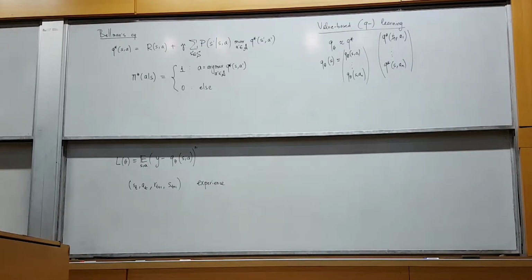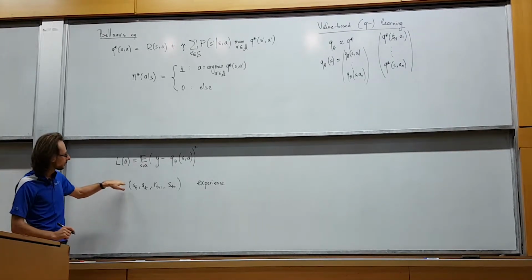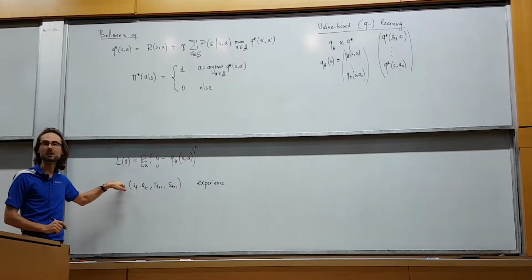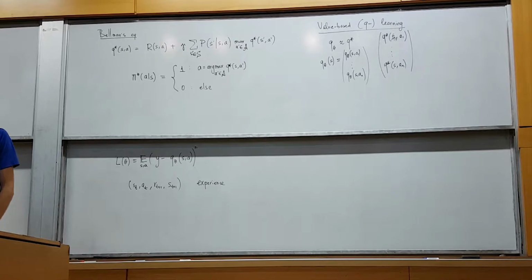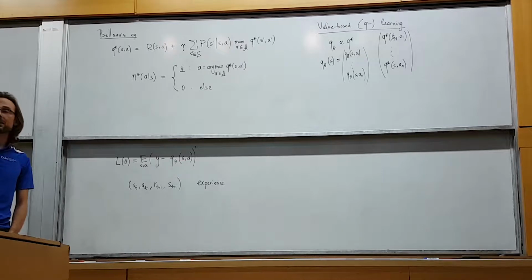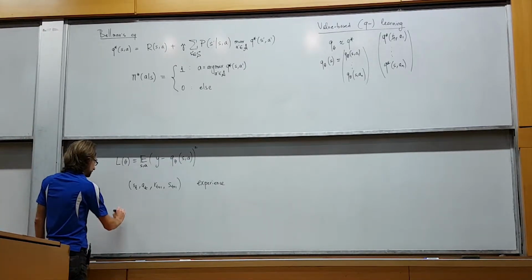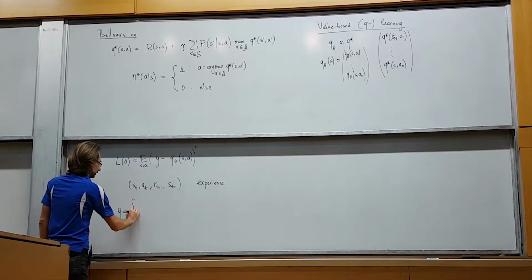So I can try writing down these experiences. In this experience, I had some initial state S. I performed some action A. I was rewarded the reward R_{t+1}. And then I landed in some next state S_{t+1}.